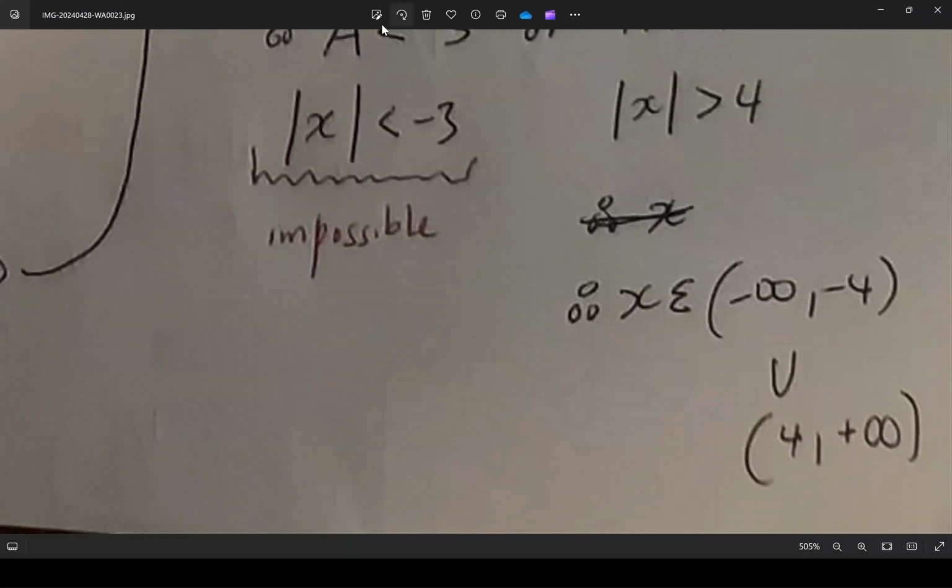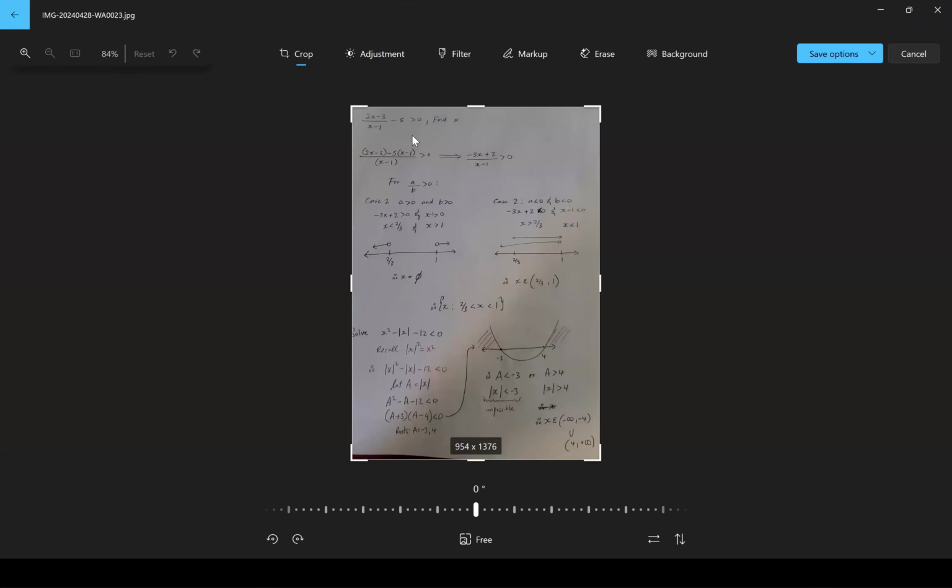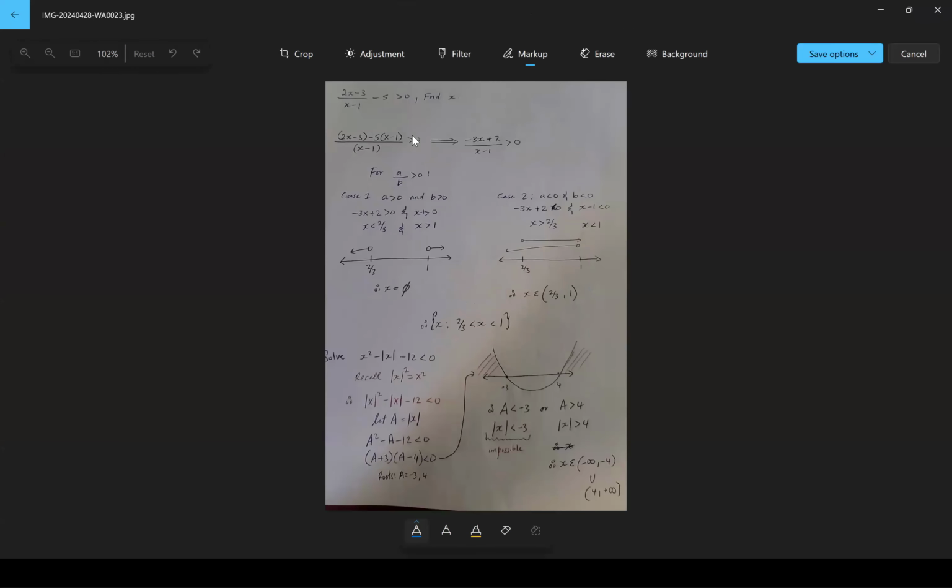Okay, so the answer should have been written as x is in the range of -4 to 4. Cool.